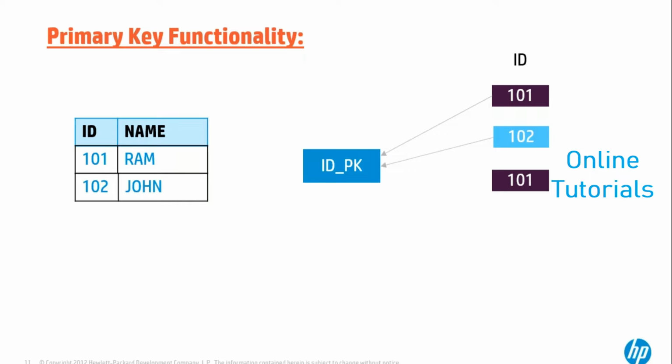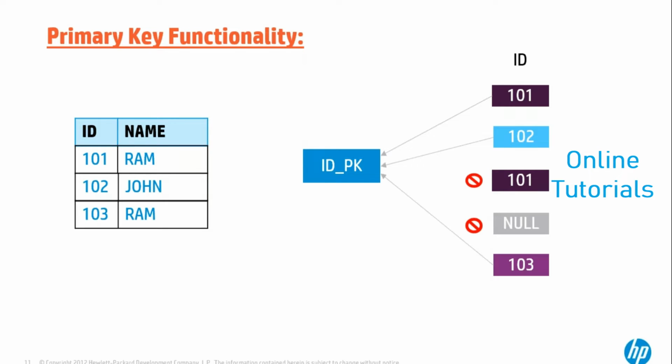Now if I'm assigning 101, it will not allow. What about null? It will not allow, because I have declared ID as a primary key. Yes, null will not allow. Okay, 103, it will allow.